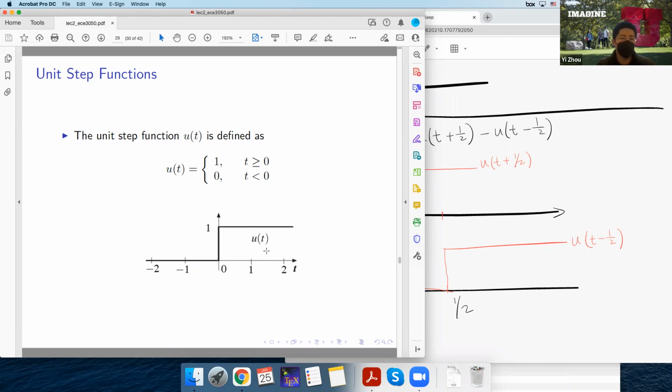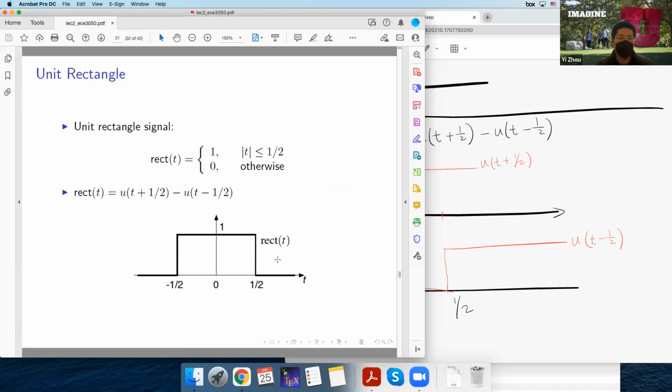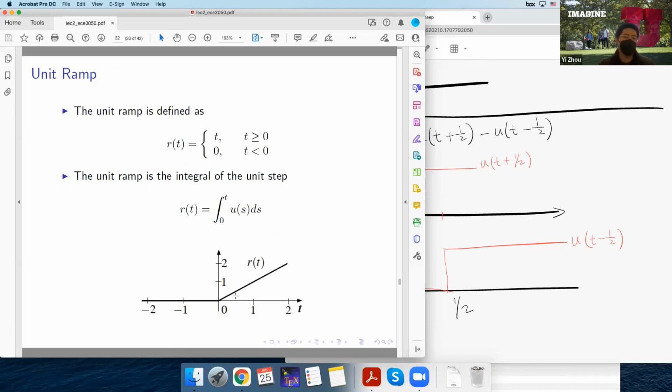And this area grows linearly as t increases. So by integrating this unit step function, the integration will have a linear increase in time. So that's why we get this formula. It's basically integrating the unit step function starting from 0 up to a time t.